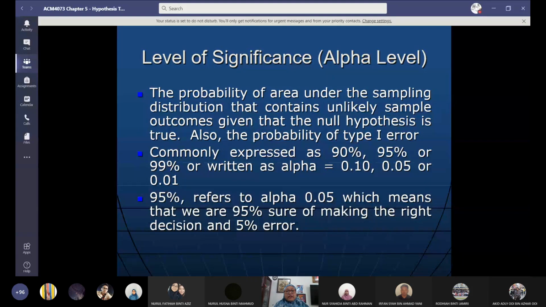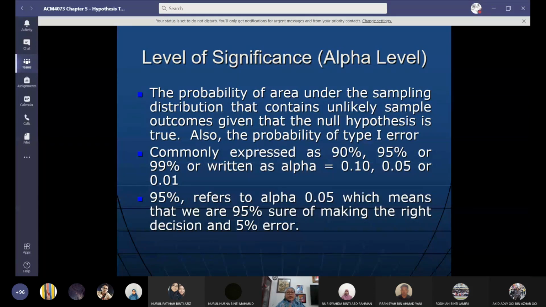Let's look at level of significance. It is the probability of error under the sampling distribution that contains unlikely sample outcomes, given that the null hypothesis is true.